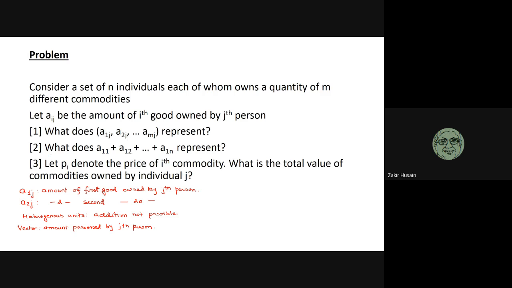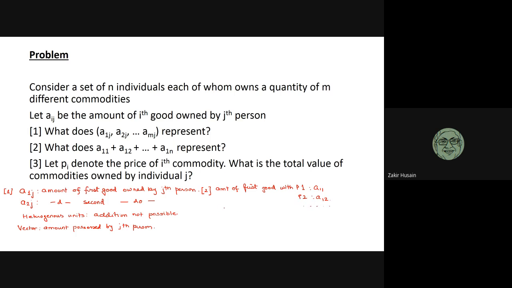Now, if I come to the second question, A11, etc., this is the amount of first good with person 1. A12 is the amount of the first good with person 2, and so on.